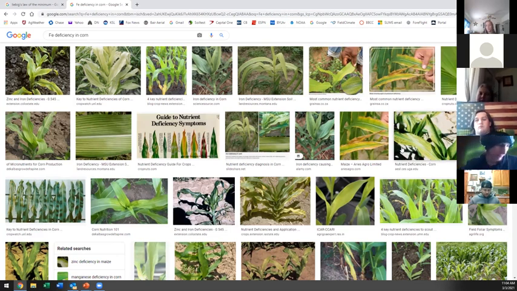Another point to make is that because we don't always know what micronutrient deficiency we're dealing with, if you go out and want to buy, say, a zinc fertilizer for your field, your agronomist is probably going to sell you a cocktail of micronutrients that'll have zinc in it. It'll probably have manganese and copper in it as well.